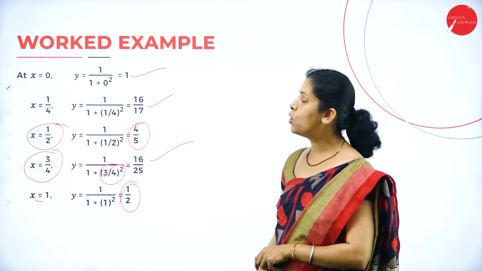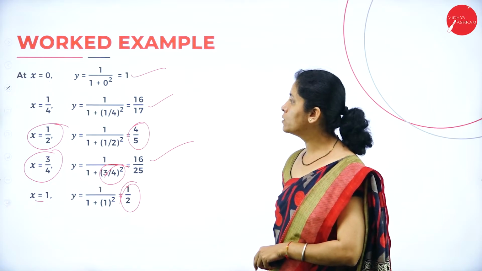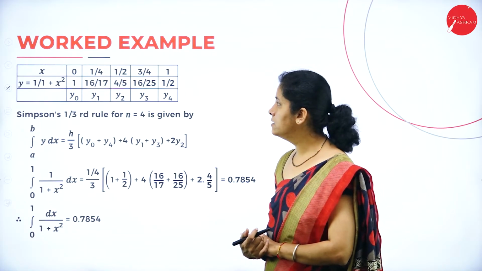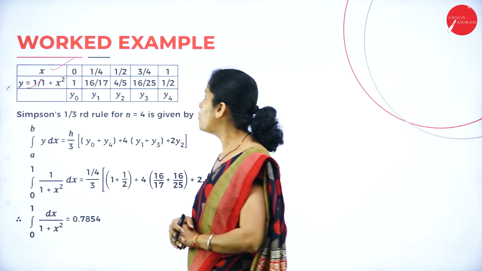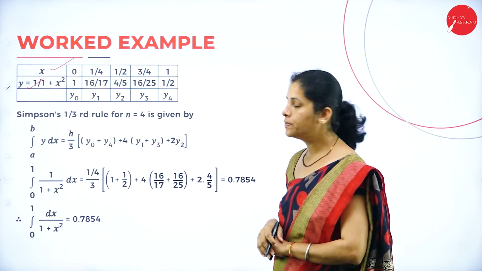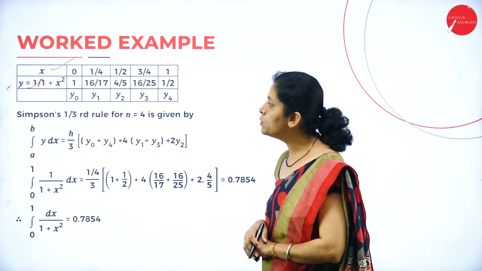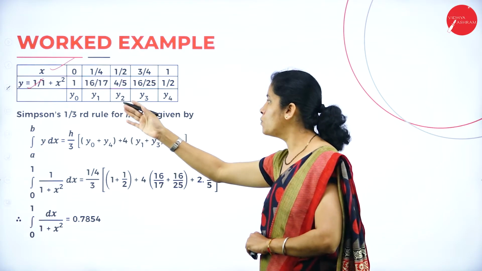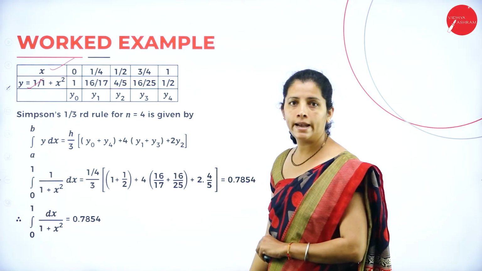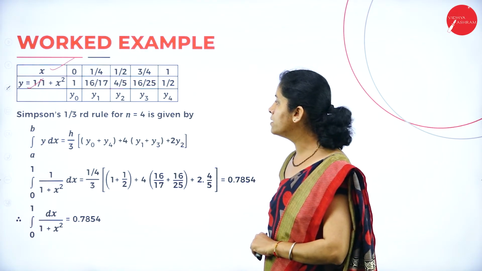Now what I want to do is construct the table. Okay, so I got the x values as well as the y values. Now I want to have the formula, that is Simpson's 1 by 3rd rule, and n is 4.